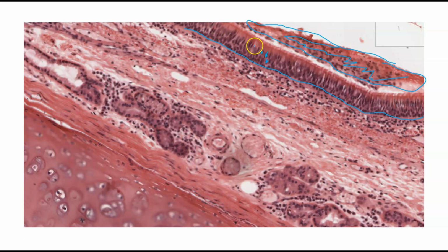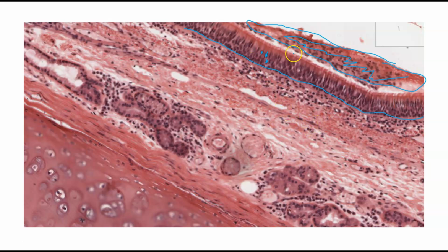Remember, each one of these cells will go down and touch the basement membrane down here. What you can also see are these clear areas here. These actually aren't artifacts. These would be where the goblet cells are kind of stuck in between our pseudostratified columnar epithelium. So there are the goblet cells, the kind of clear area right there.